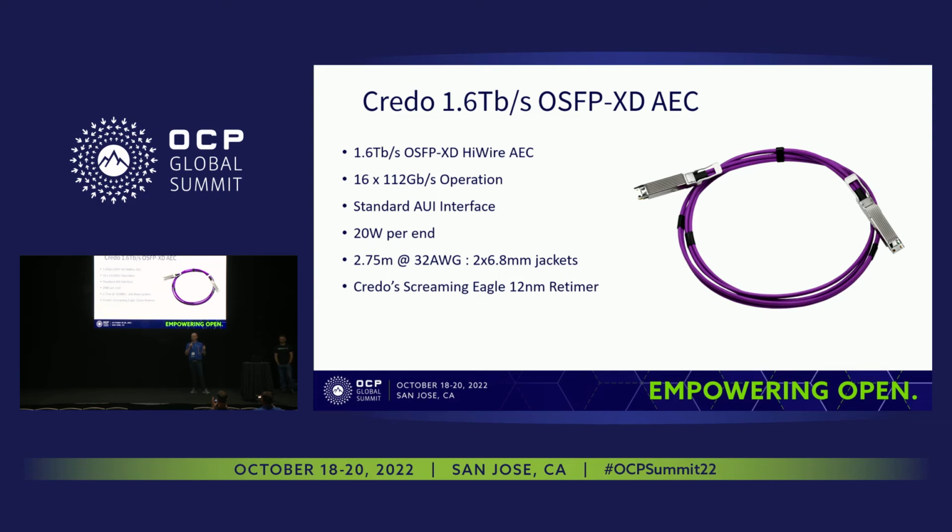This product is based on our 12 nanometer Screaming Eagle product, 20 watts per end in this case. We can go 2 3/4 meters in a product that is no thicker than 2 Cat6 cables. This allows us to interconnect that 700 terabit router that you see on the right-hand side of the Experience Center in just 3 small racks using this standard AUI interface.